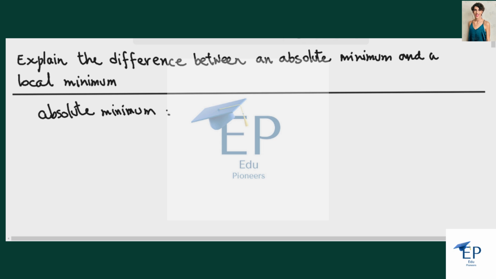So when we talk about an absolute minimum, the image of the value where we have an absolute minimum is less than or equal to all the values of the function in the domain of the function.